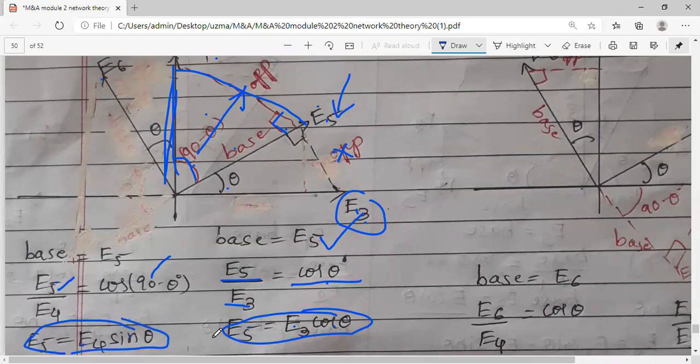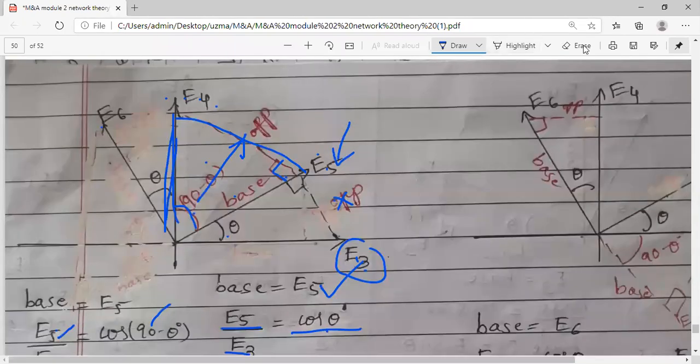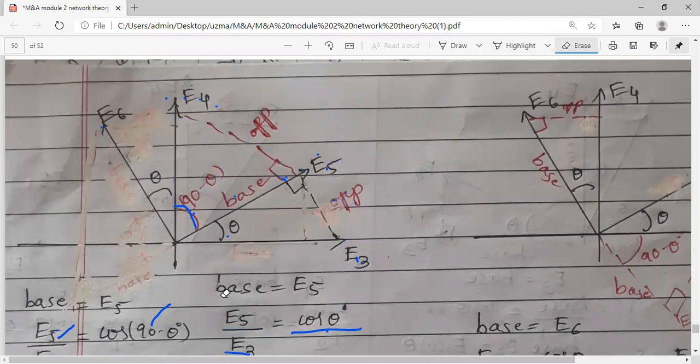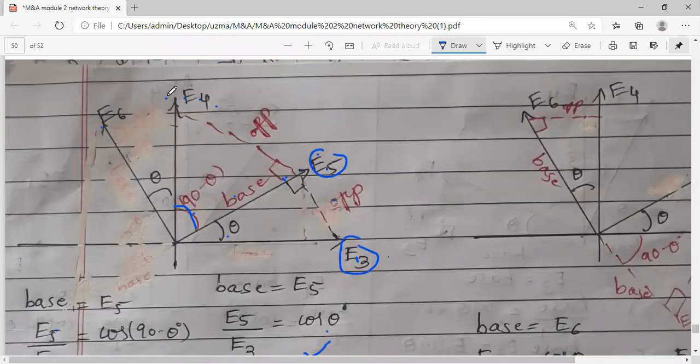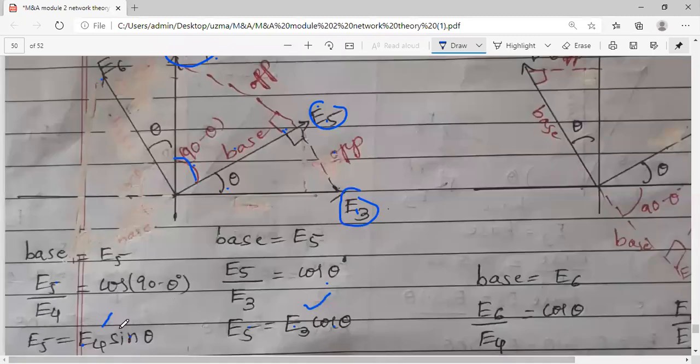So whether I should add or subtract. Look at the figure and tell me whether I should add them or subtract them. Because I have got two values, overall I have to calculate. I am expressing E5 in terms of E3 once and in terms of E4 once. Finally, I have to get the overall value of E5.